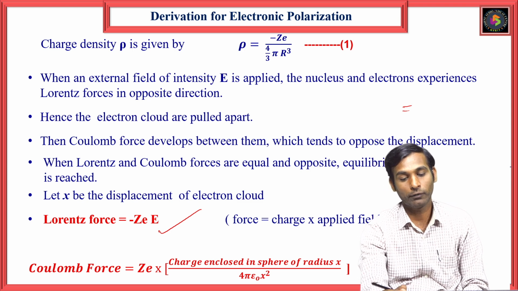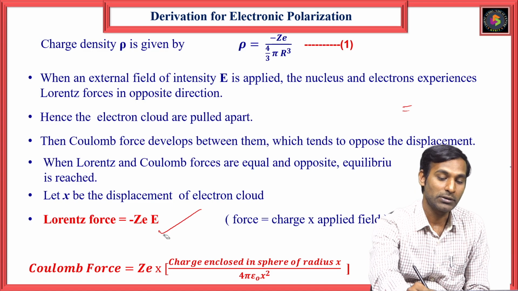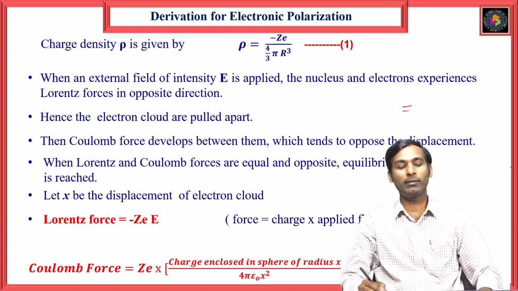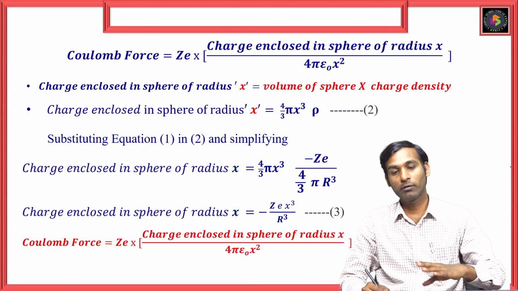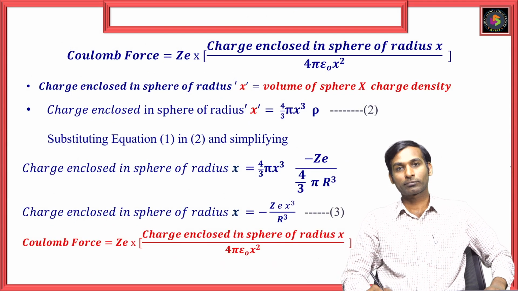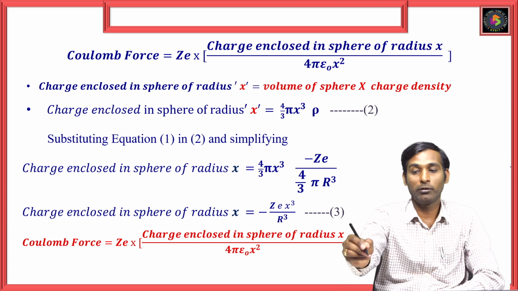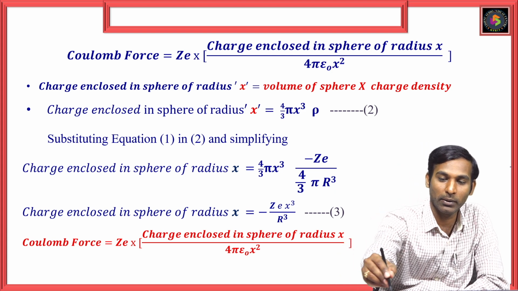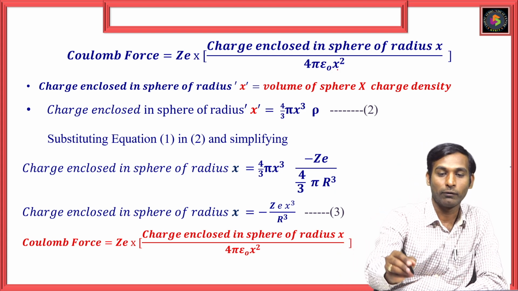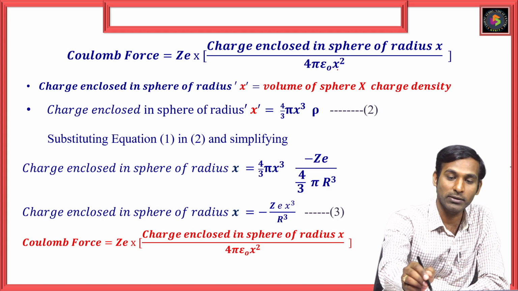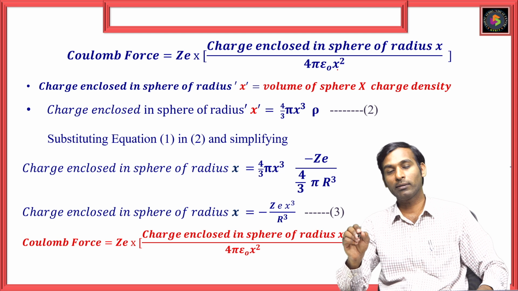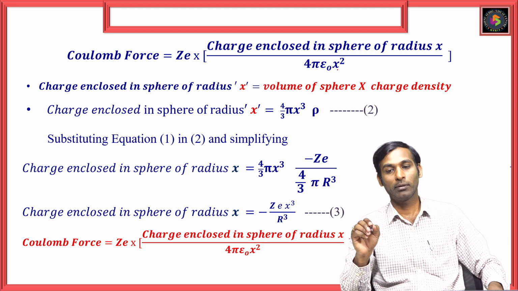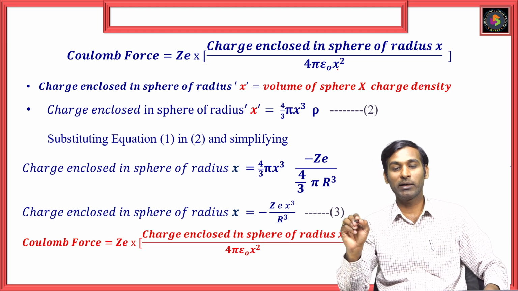First, we have to find the charge enclosed in the sphere of radius x. In the mathematical notation, Coulomb force is equal to charge into charge enclosed in the sphere of radius x divided by 4 pi epsilon naught x square. The charge enclosed in the sphere can be written as the volume of the sphere multiplied by the charge density.